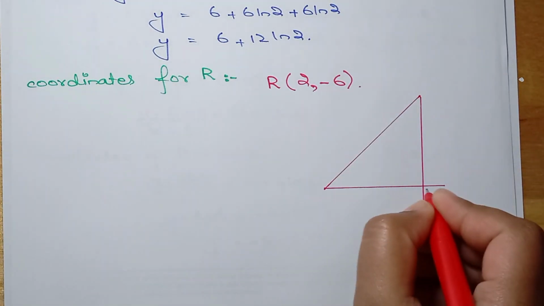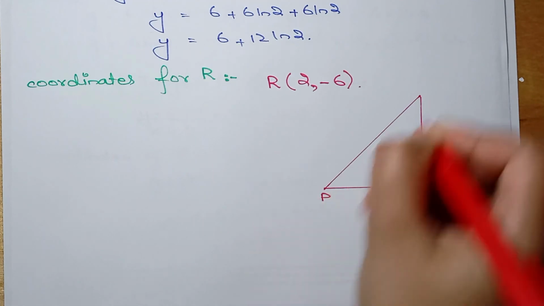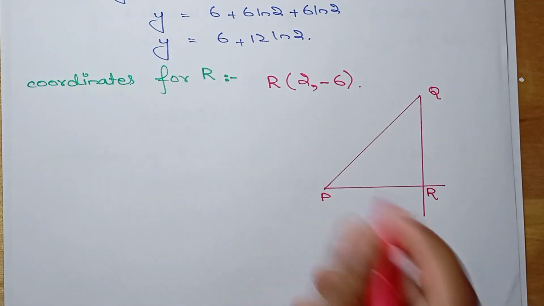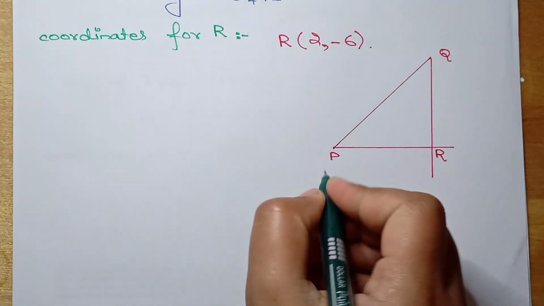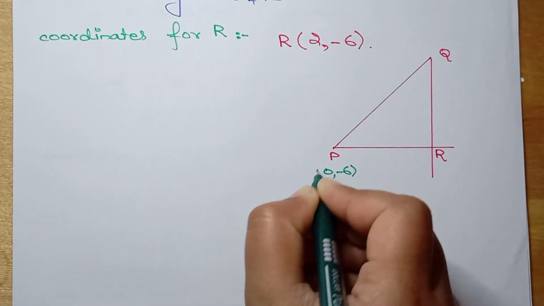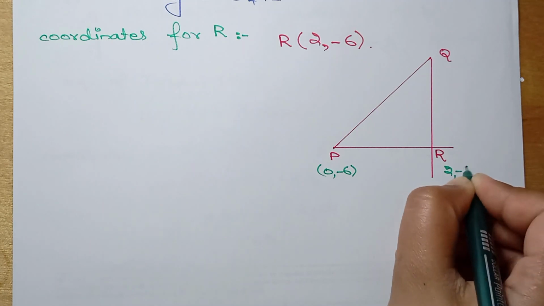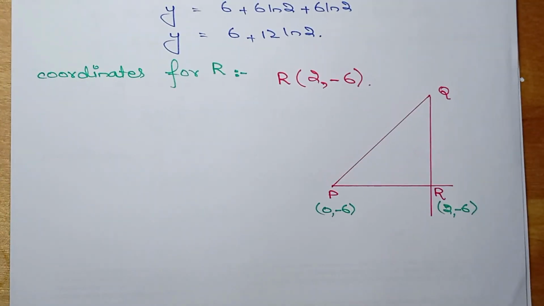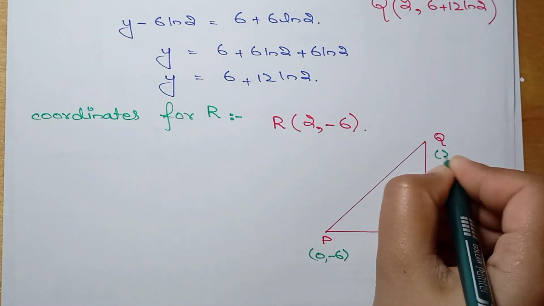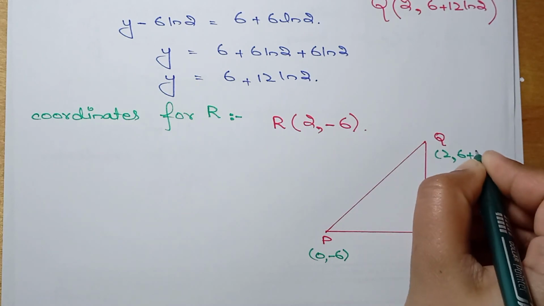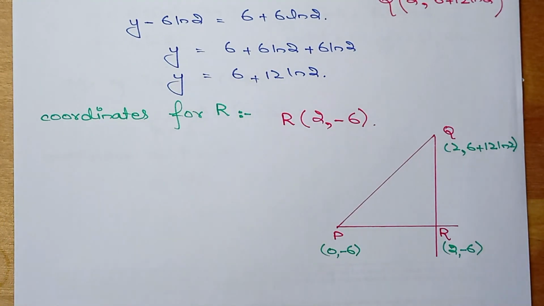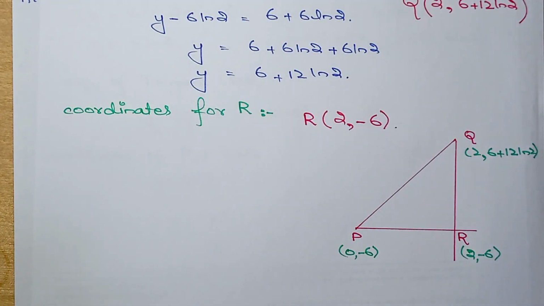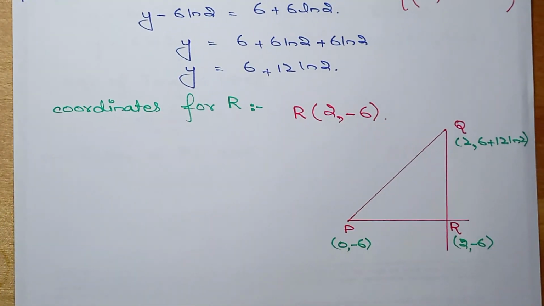This is point R, this is P, and this is Q. So P coordinates are 0, -6, sorry. R is 2 and -6. And the Q coordinates are 2 and 6 plus 12 ln 2. Okay, we need to find the area for this triangle, and we know that the area of a right angle triangle is half base times height.